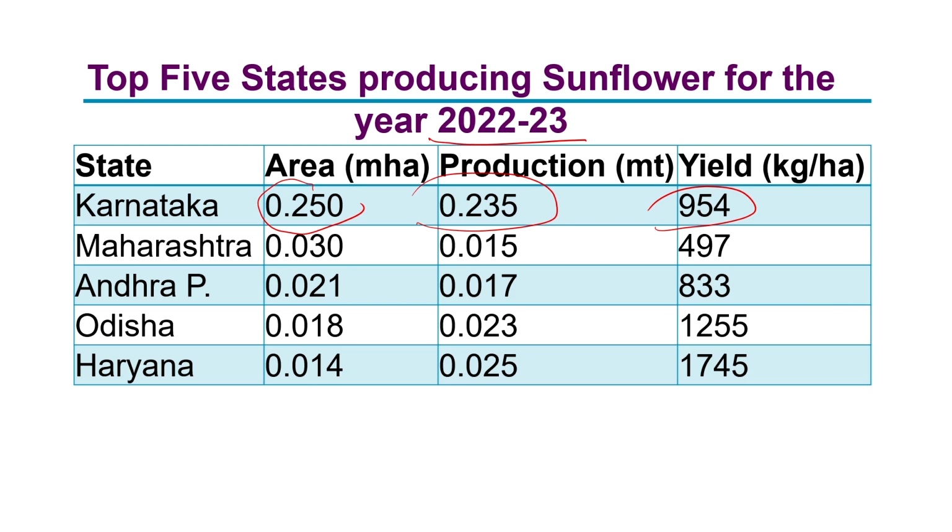In Maharashtra, the next important state, the area was 0.03 million hectare, with a production of 0.015 million ton and productivity of 497.